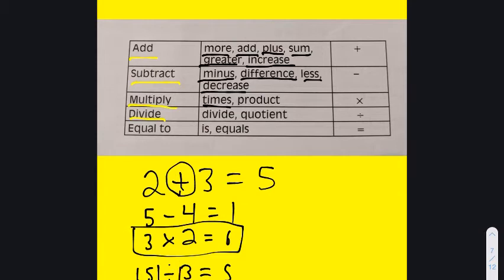Oftentimes when we say that, we use the word divide. Sometimes we also use the word quotient. And lastly, when we say this equal symbol right here out loud with our mouth, we sometimes use the word is, or sometimes we say equals.